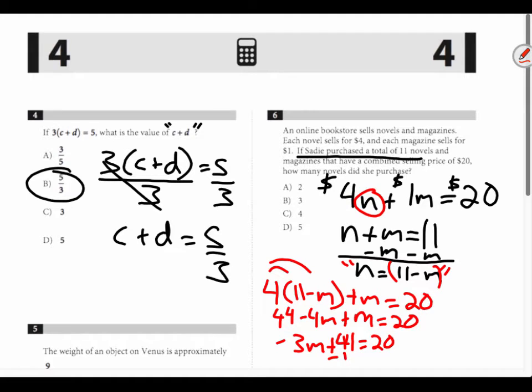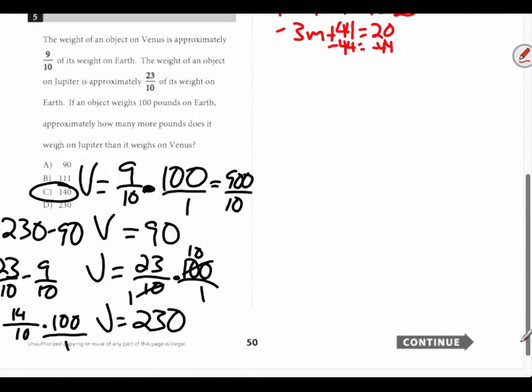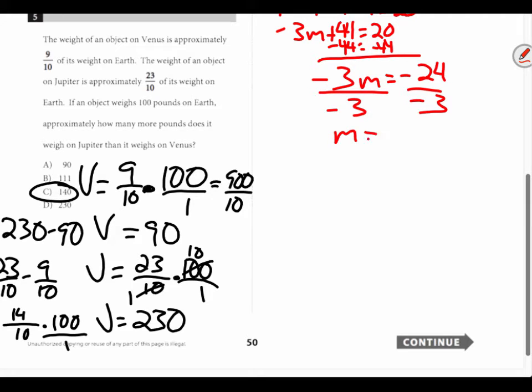I'm going to subtract 44 from both sides, and I will get negative 3m is equal to negative 24. So I divide both sides by negative 3, and I get m equals 8.